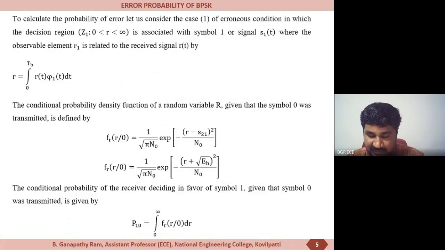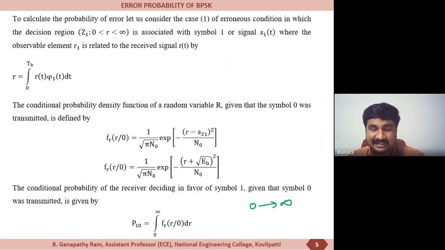And we know that S21 is equal to minus square root of EB, so we can write (r plus square root of EB) the whole square by N0. This is the conditional probability density function. Hence, the conditional probability of the receiver to decide in favor of 1, then the region is between 0 to infinity.